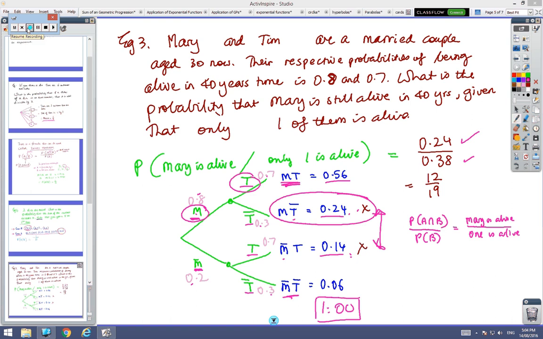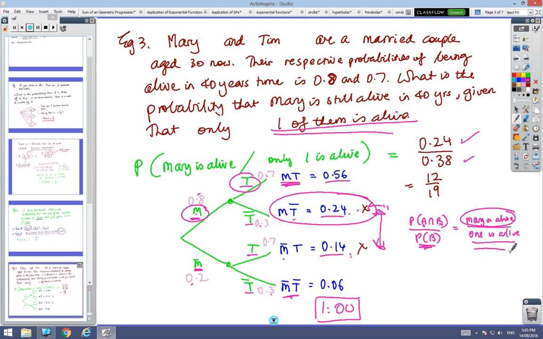In terms of Bayes' theorem, the intersection of A and B is Mary is alive and there's only one person alive, which is the 0.24. The probability of B is that one person is alive, which covers those 2 events.